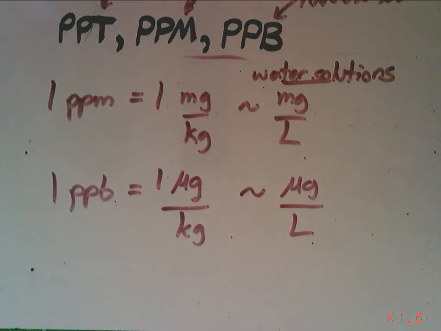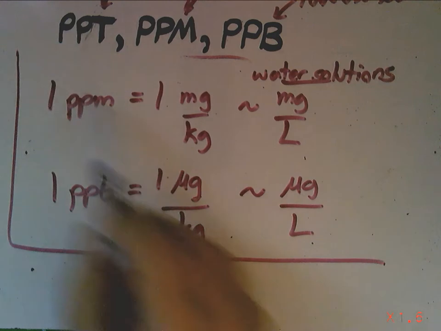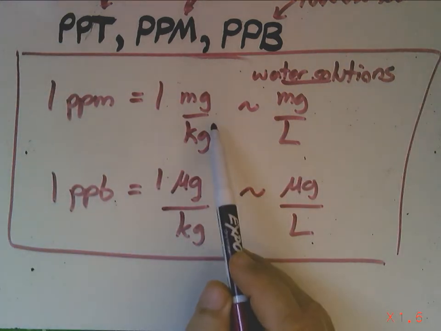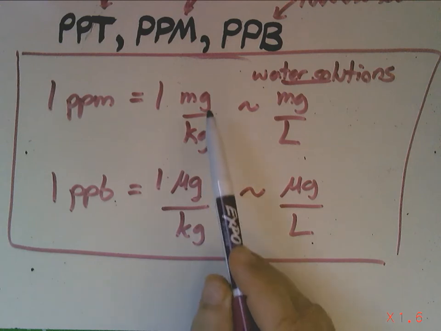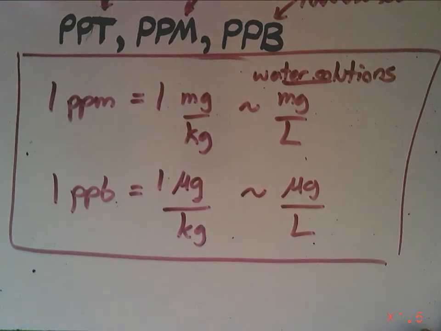of solution. Put a box around this because sometimes you have to move between parts per million and milligrams per kilogram, and this kind of makes it easier to do unit conversions when you've got parts per million.